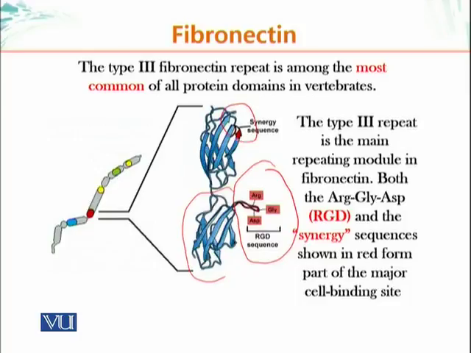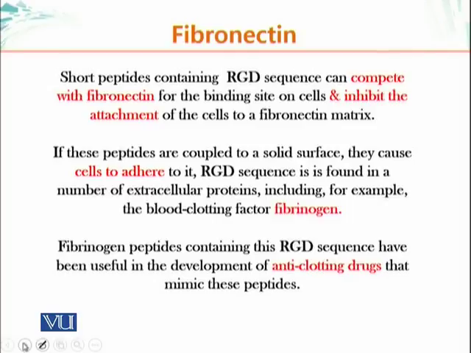a cell binding site. Short peptides containing RGD sequence can compete with fibronectin for binding sites on cells and inhibit the attachment of the cells to fibronectin matrix. If these peptides are glued onto a solid surface, they can cause the cells to adhere to this RGD sequence, which we said were the 3 amino acids.